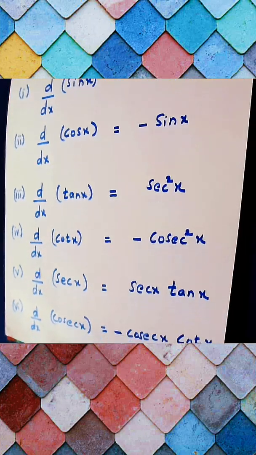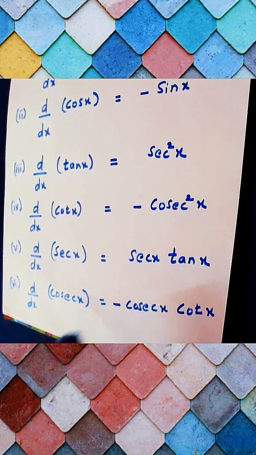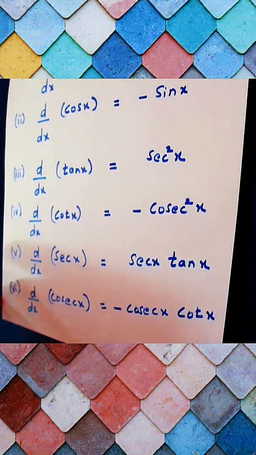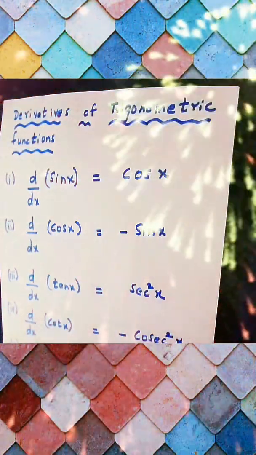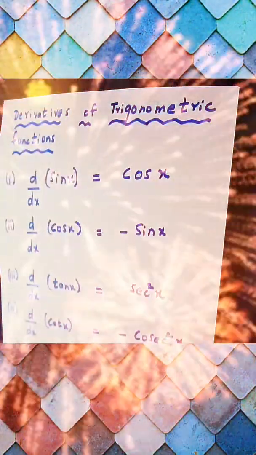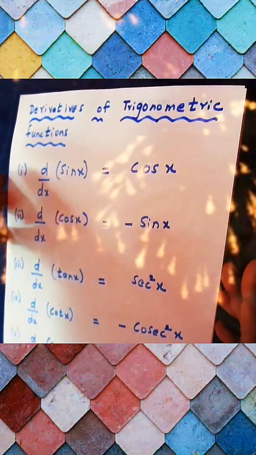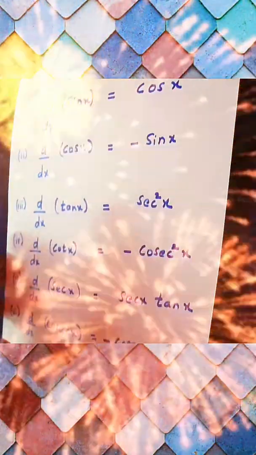Differentiation of secant x is secant x tan x. Differentiation of cosecant x is minus cosecant x cot x. Remember these derivatives. It's very, very important. Then you can have a look once again.